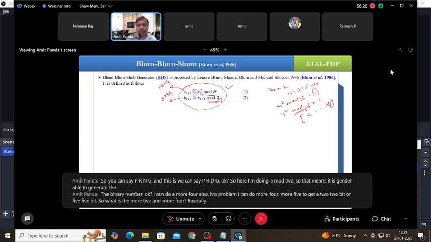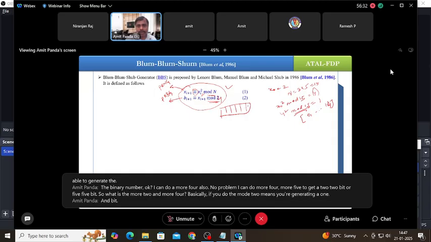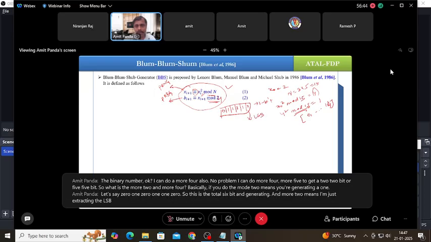So what are mod 2 and mod 4? Basically, if you generate bits, let's say 0 1 0 1 1 0, this is a total of 6 bits I am generating. Mod 2 means I am just extracting the LSB, so this 0 is my LSB.